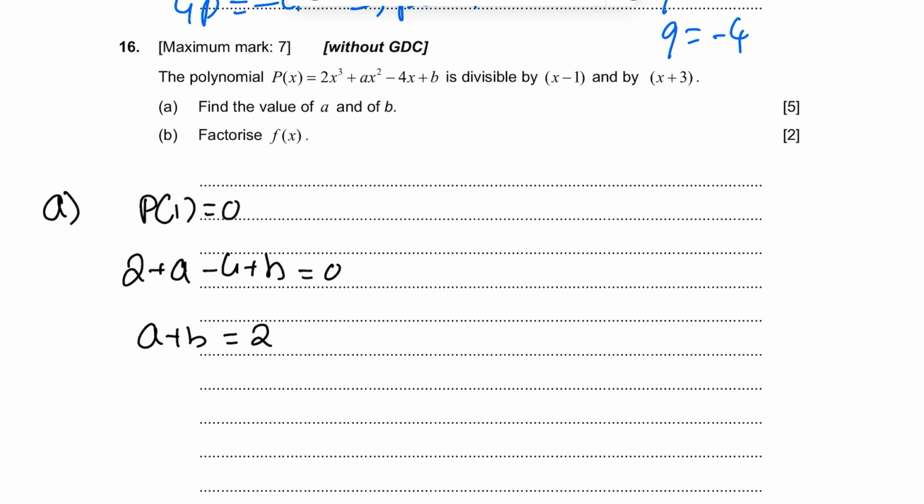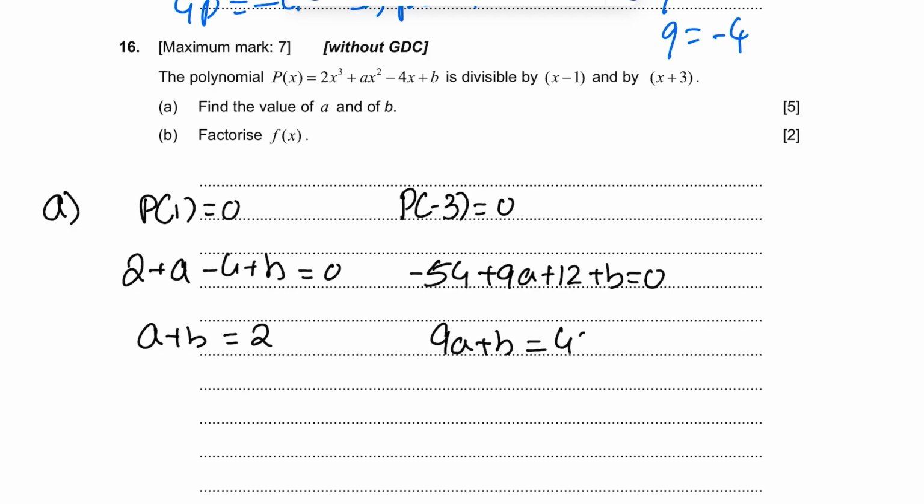Then p of minus 3 also should be equal to 0. So when I plug in minus 3, it becomes negative 54 plus 9a minus 12 plus b equals 0. So what do I get from there? 9a plus b equals 42.